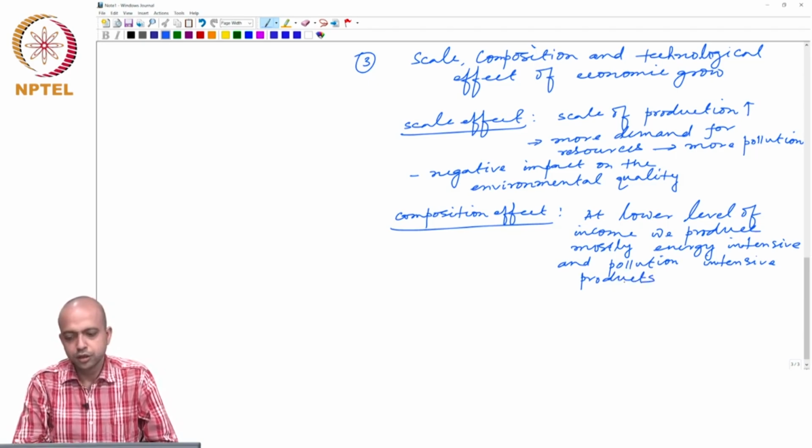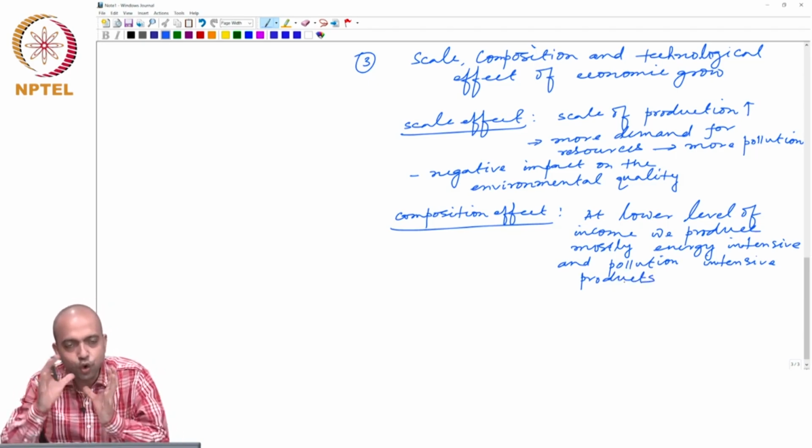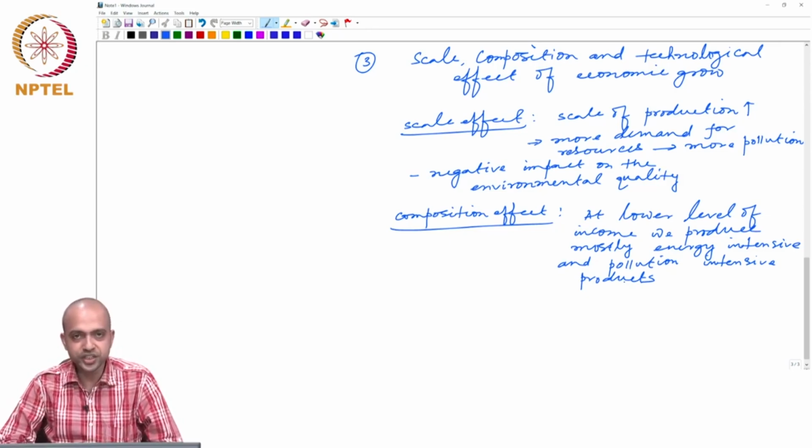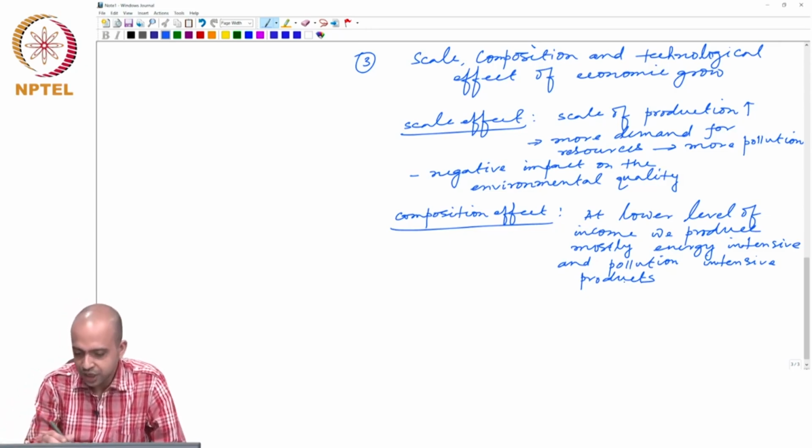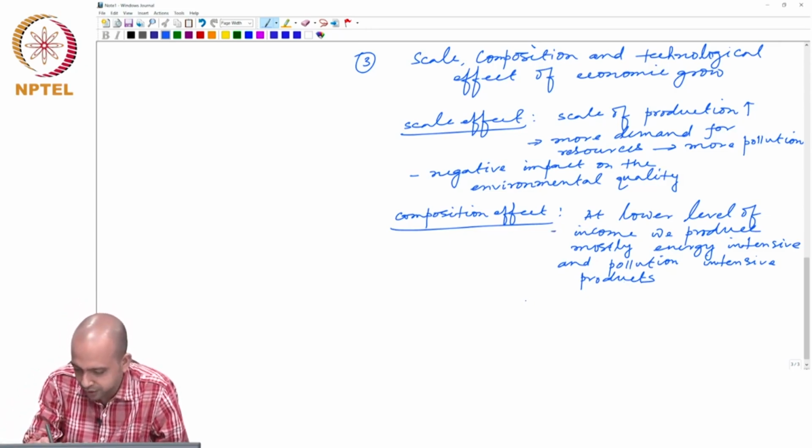Then as income increases, the composition of goods and services changes.